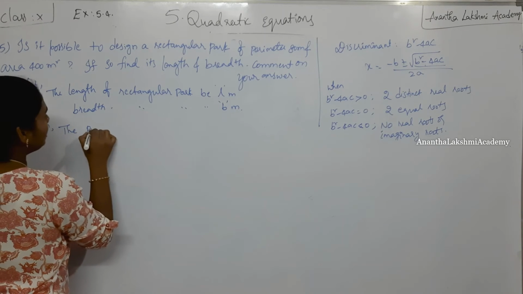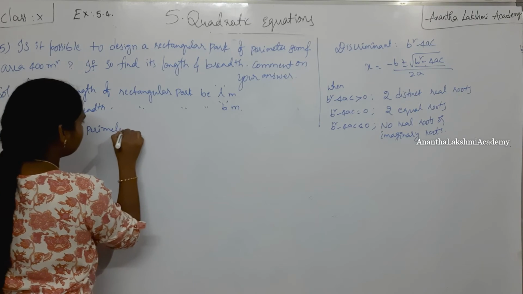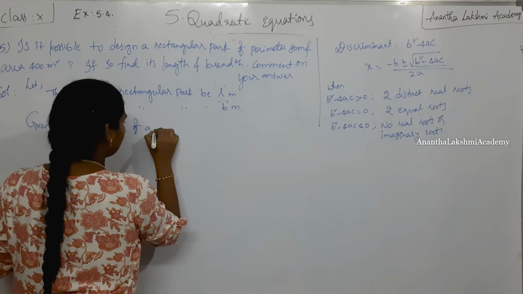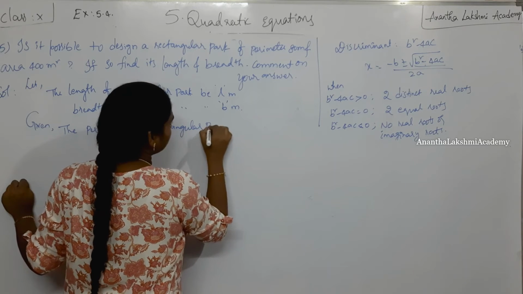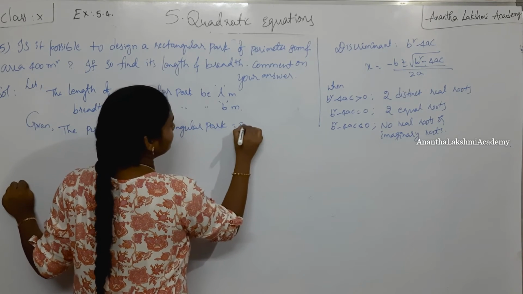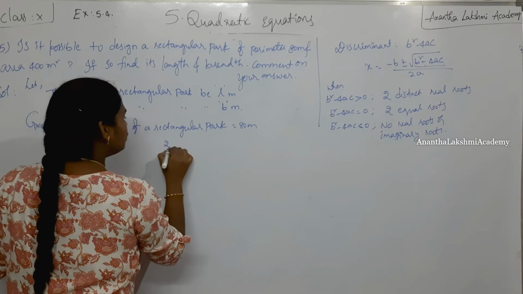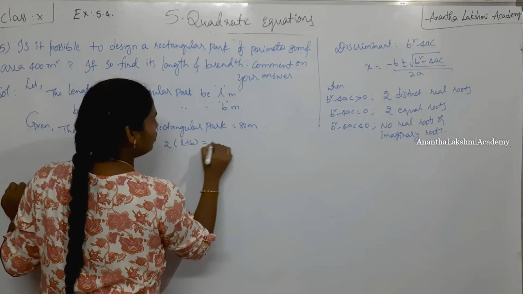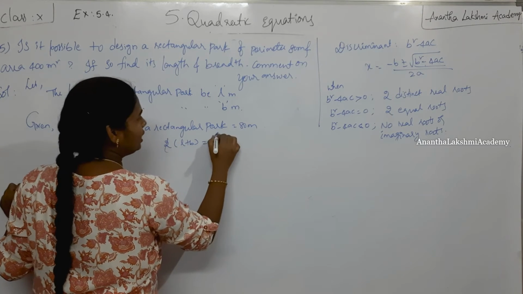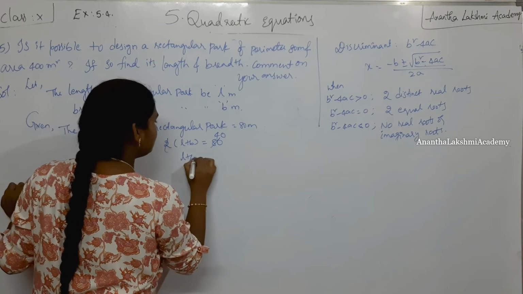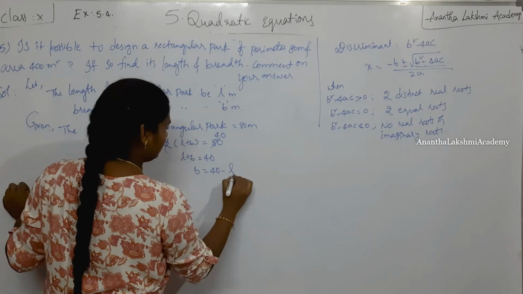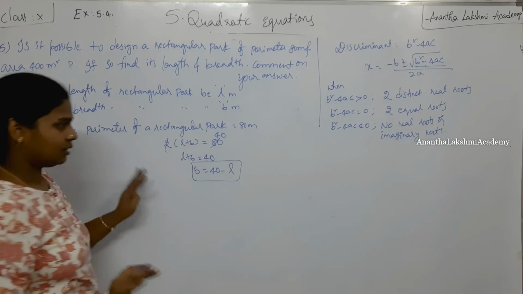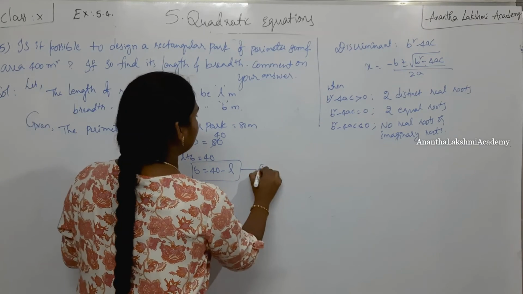Given the perimeter of the rectangular park is equal to 80 meters, which is nothing but 2 into L plus B is equal to 80 meters. 2 40s are 80. So L plus B is equal to 40. B is equal to 40 minus L. Let us consider this as equation 1.